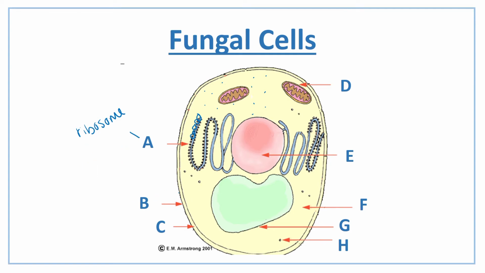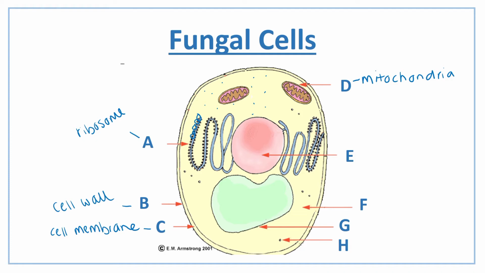Now B is pointing to the line on the outside, so that is our cell wall. C is a line on the inside, which is the cell membrane, controlling what enters and exits our cell. Up here we have D, which is the mitochondria, which is the site of aerobic respiration, which is a chemical reaction by which cells make their energy.